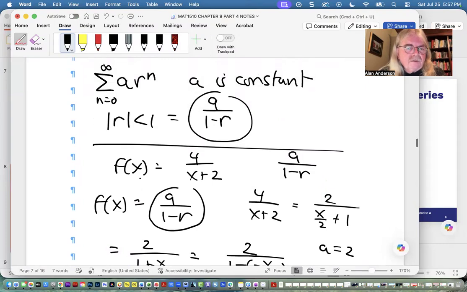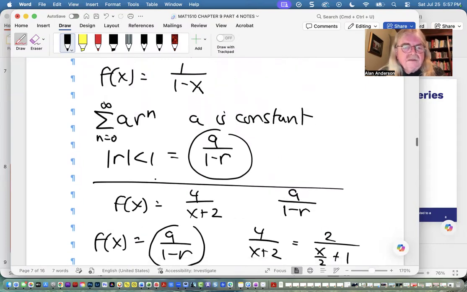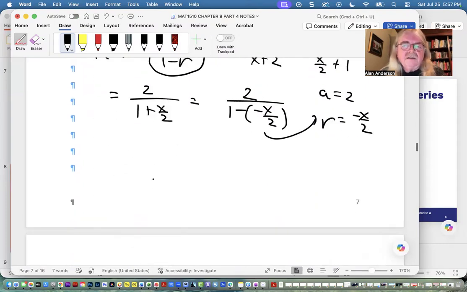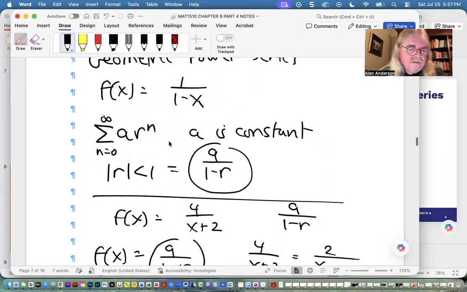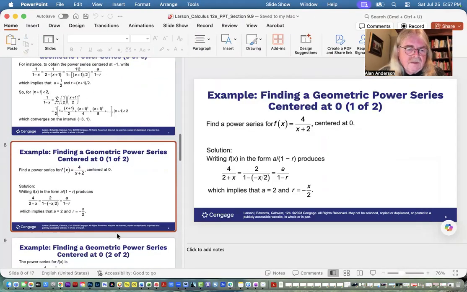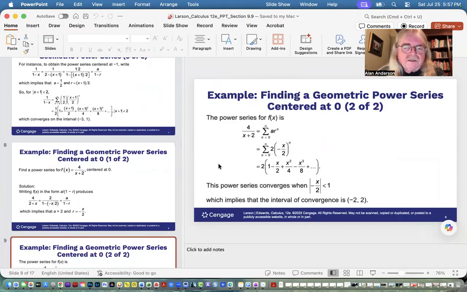And then we know that from here, this is going to lead us, okay. So when you compare it here, you're going to have 1 minus x over 2 plus x squared over 4, et cetera, et cetera.